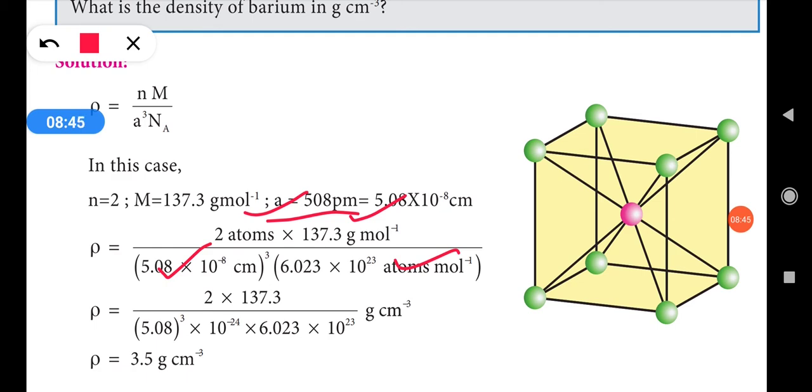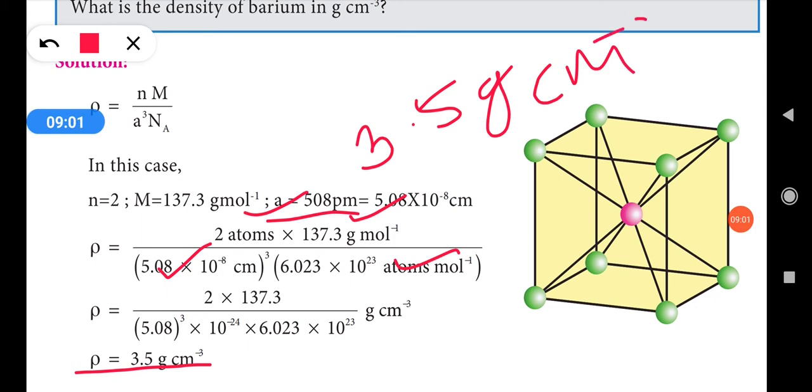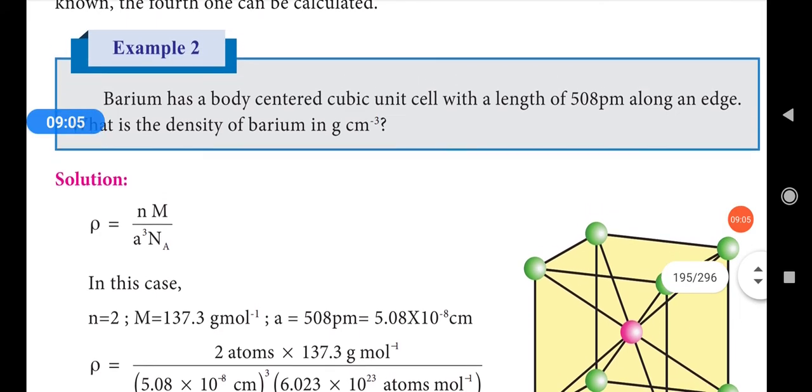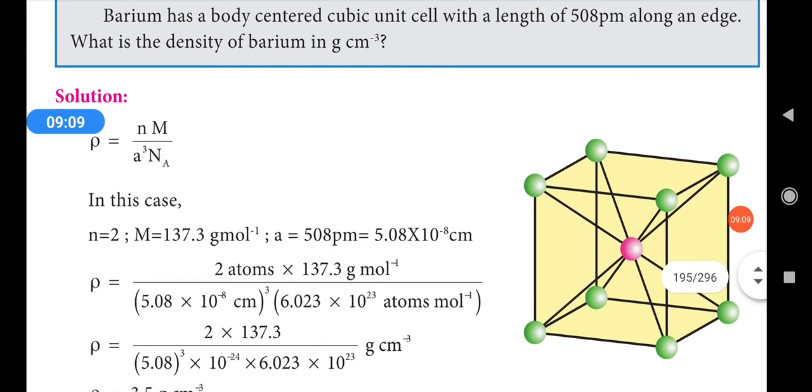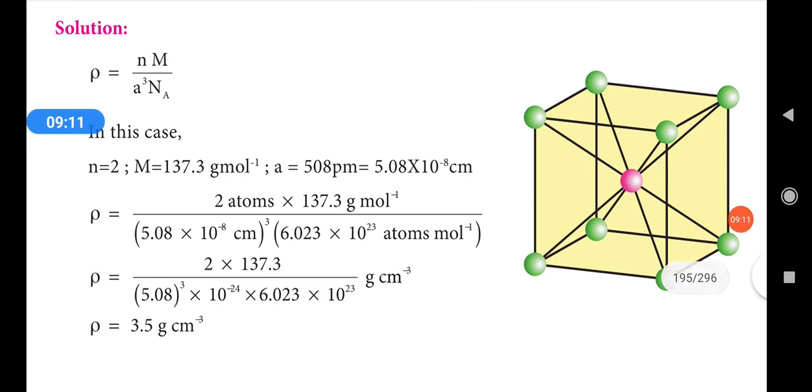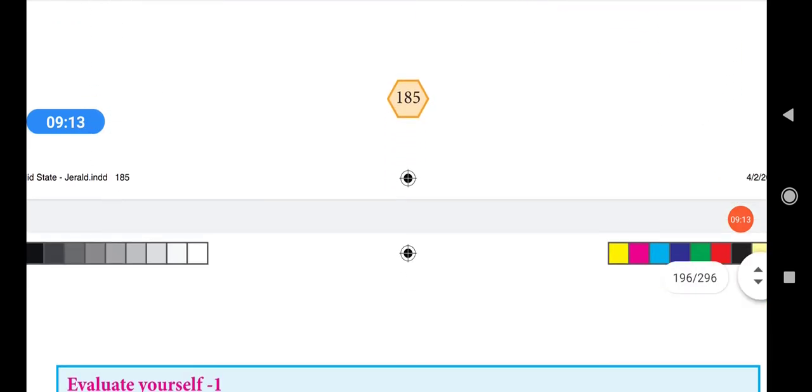By solving this equation you can get the density of 3.5 grams per cubic centimeter. Grams per cubic centimeter is the density of barium. What is the density of the cubic unit of barium? 3.5 grams per centimeter cube.